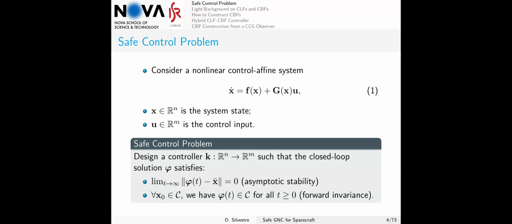Essentially this safe control problem is just: please get us a trajectory from the closed loop that is asymptotically stable, so that means that this trajectory goes to some set point. And the other part is forward invariance of the safe set. I just put it up here because later on I'm going to change lots of things in this slide.